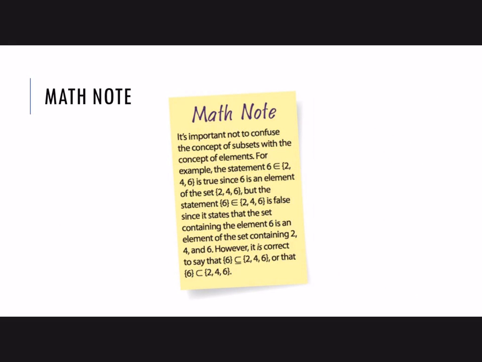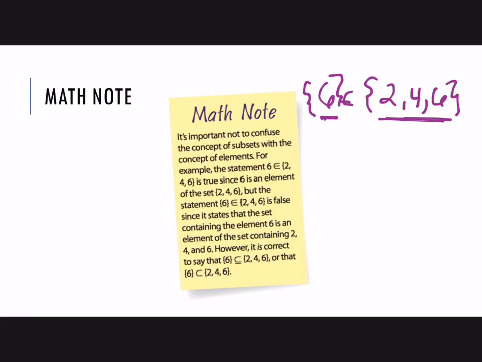All right, a note on some of these symbols. It's important not to confuse the concept of subsets with the concept of elements. So the statement 6 is an element of {2, 4, 6} is a true statement since 6 is an element of this set. Okay? But it's not true to add in those set symbols and then say that the set is an element of the set on the right.